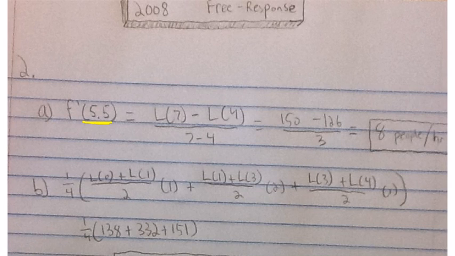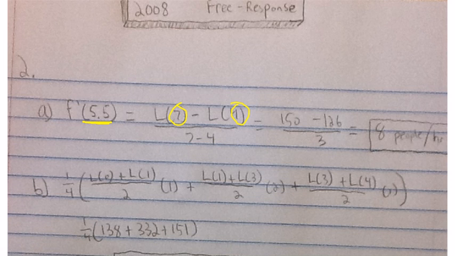Now if we look at our table, we're only given the values t equals 0, 1, 3, 4, 7, 8, and 9. But we need t equals 5.5. So let's look at two values that could give us a good estimate of what L prime of 5.5 would be, and that is 7 and 4.